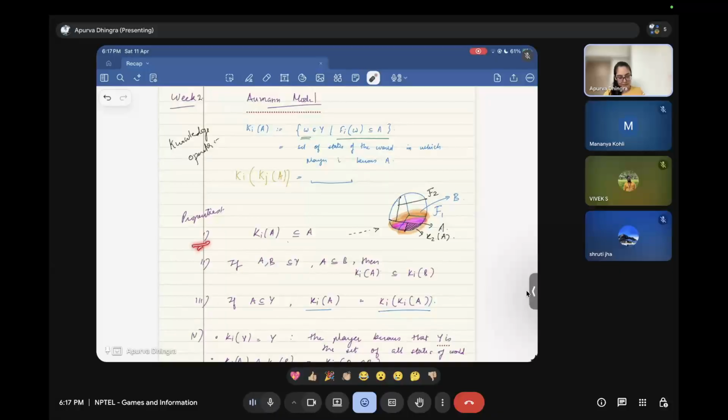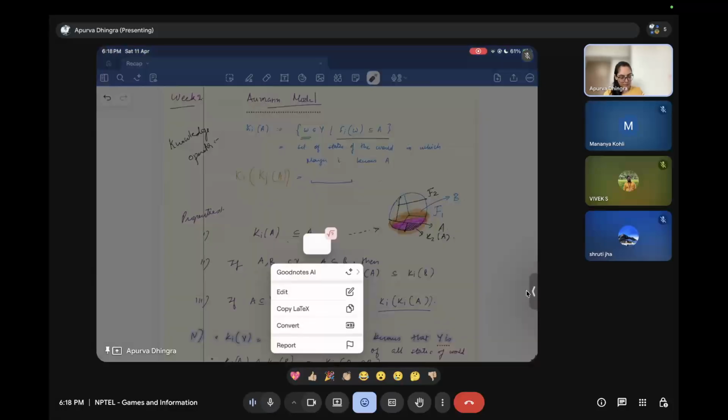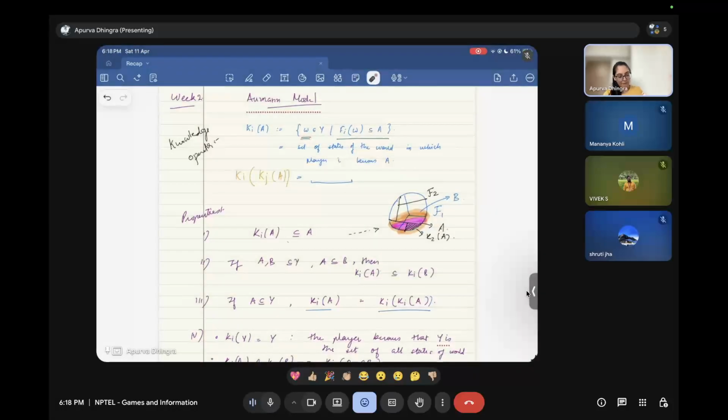The first property says that Ki of A is always a subset of the event A. That is quite natural because we are saying the partition of some W for a player I is a subset of A. Hence, whatever W's we are going to get here have to be such that they all are in A and nothing extra is there.